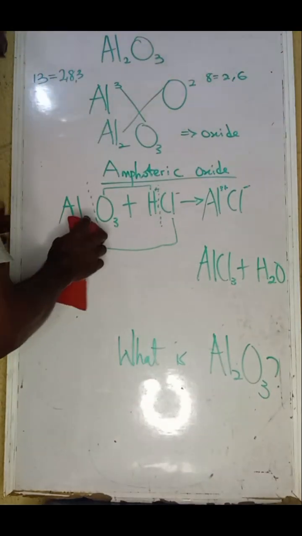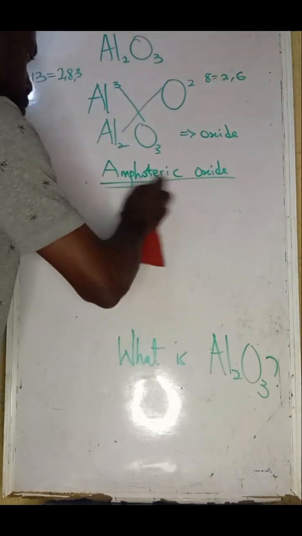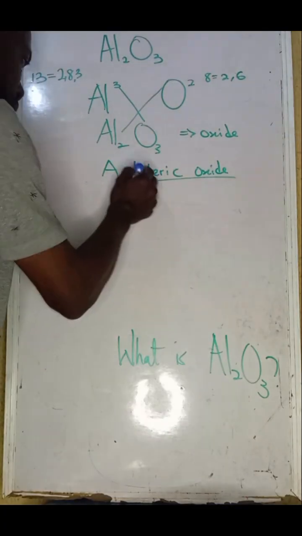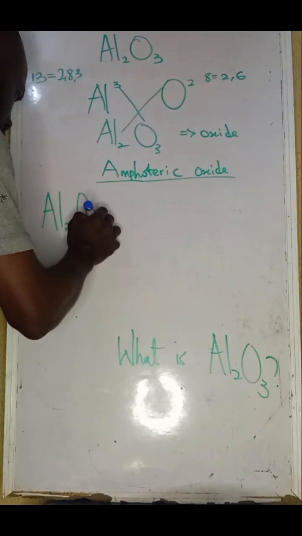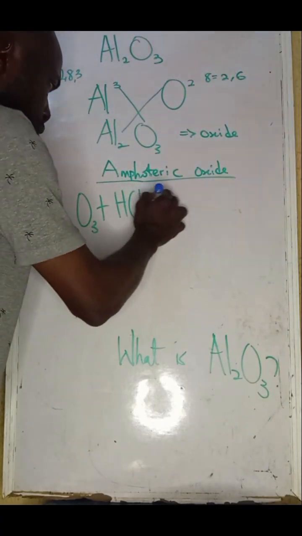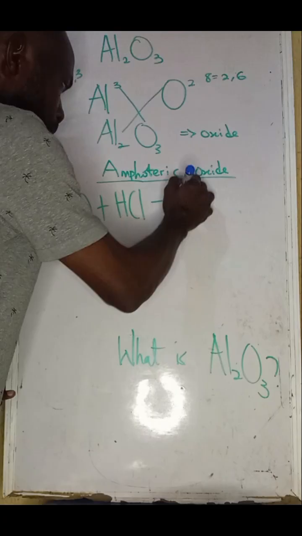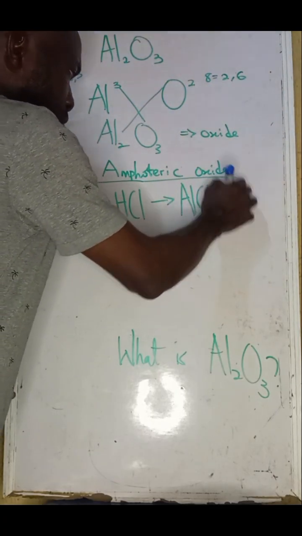Now let us rewrite that so it will be clear to everybody. Al2O3 reacting with a strong acid, hydrochloric acid, gives us AlCl3, which is a salt, and then water.